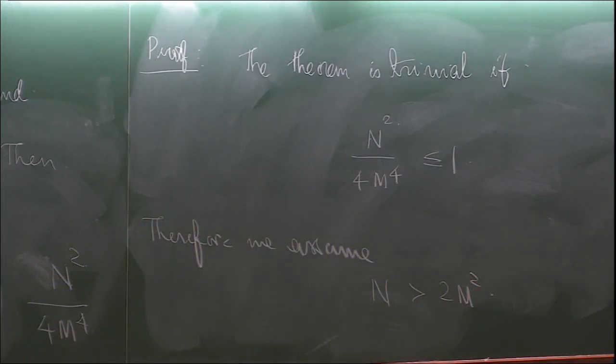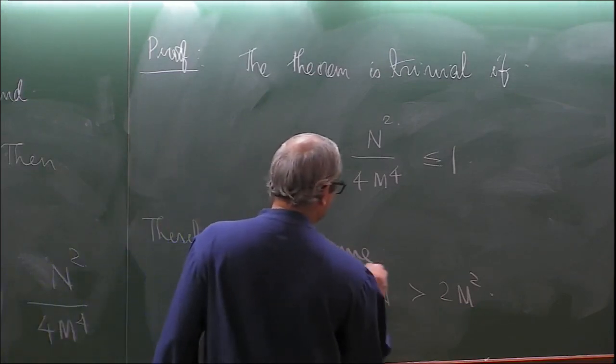If it's negative, anyway the inequality holds, otherwise it's less than or equal to 1, because the cardinality of A by n is a number that is less than 1, and this is a number that's less than 1. And T of A is always positive, it's a count, so it's greater than or equal to 1. Therefore, you may assume that n is bigger than 2m squared.